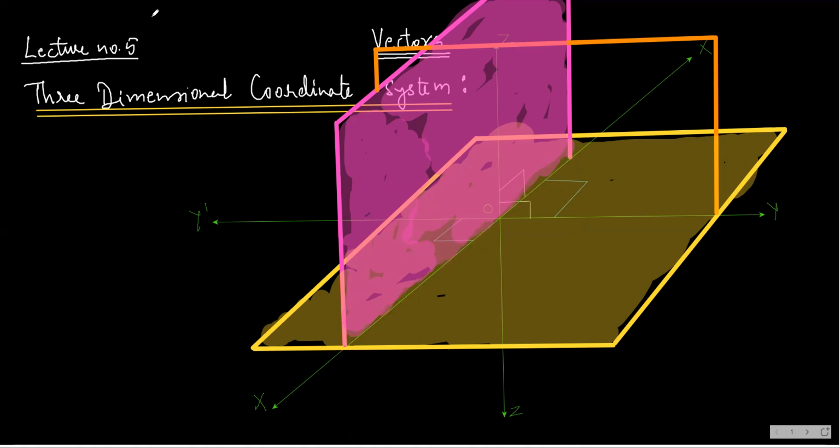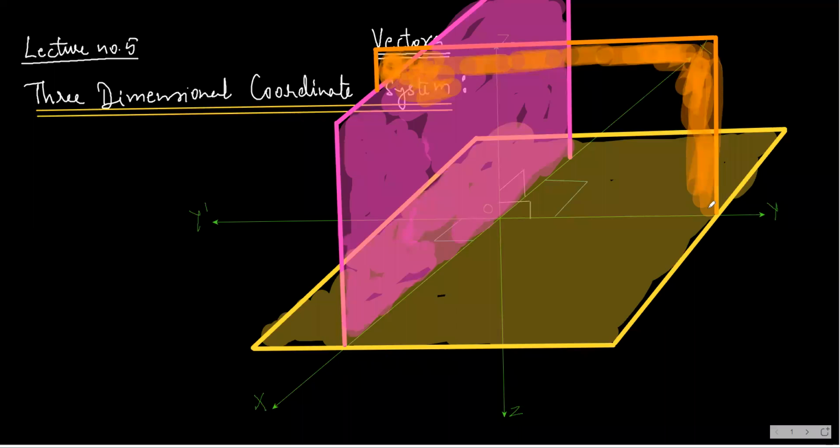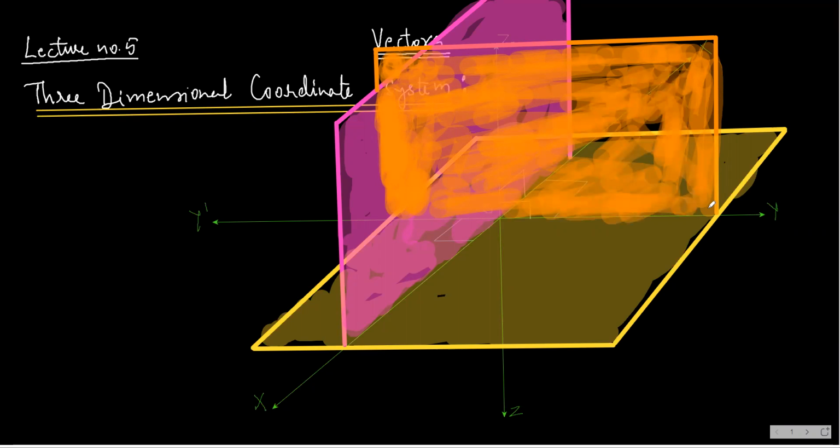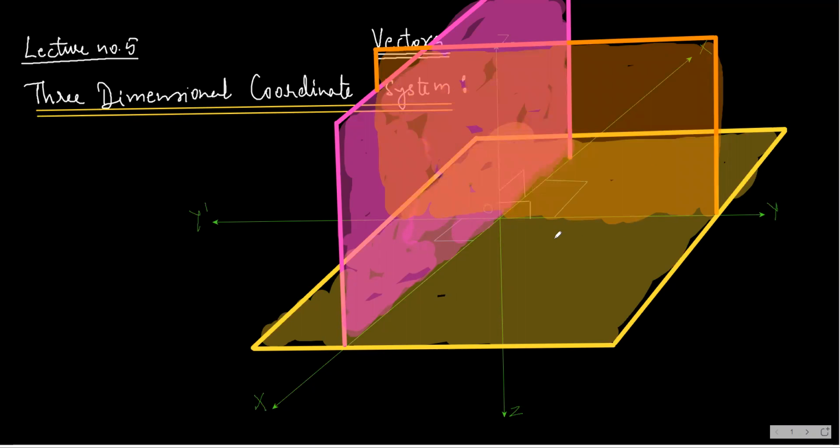Then you have the YZ plane. See, this is the YZ plane, the vertical. The YZ plane is constituted by the y-axis and z-axis. I hope it is clear to you.